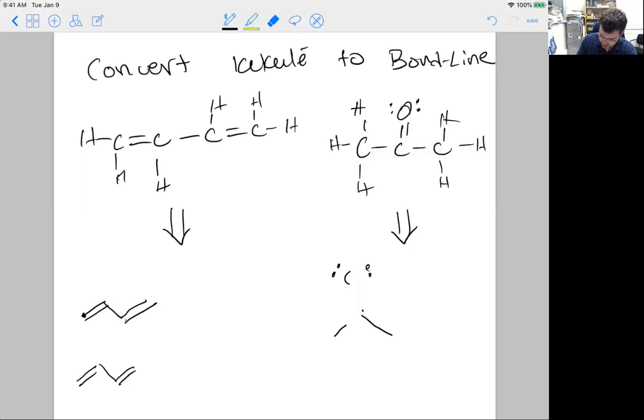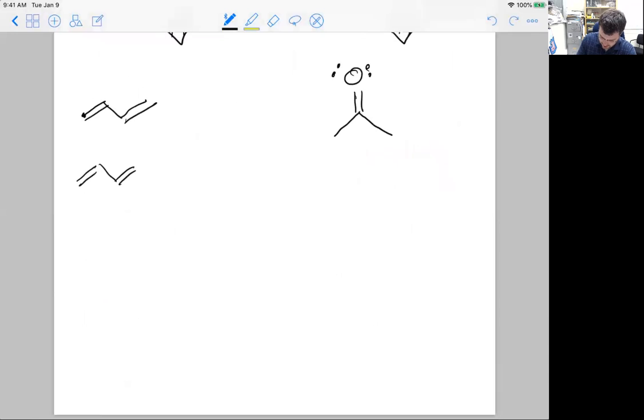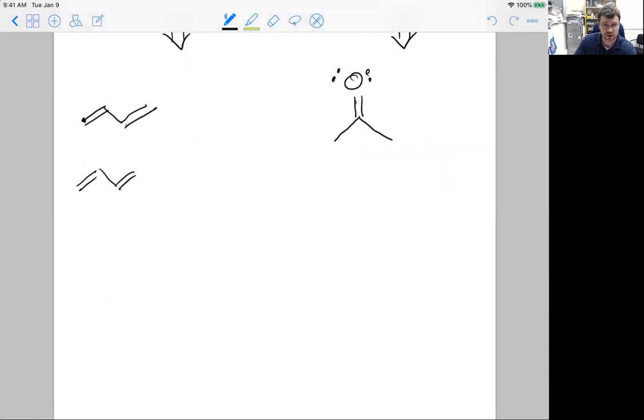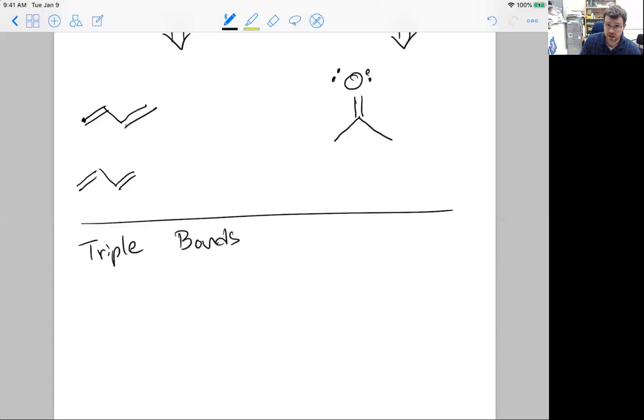Okay, I want to keep going and just look at some more examples. One thing that I mentioned earlier is the triple bond. So with triple bonds, the conversion of this to bond line looks like this.